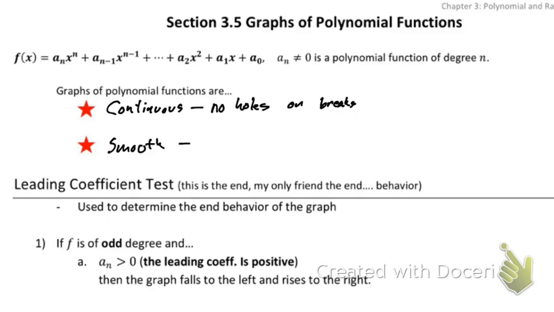That means that they're only going to have round curves, not jagged, sharp turns like an absolute value graph. That's a jagged turn. So it's going to be smooth. It's going to have only round turns.